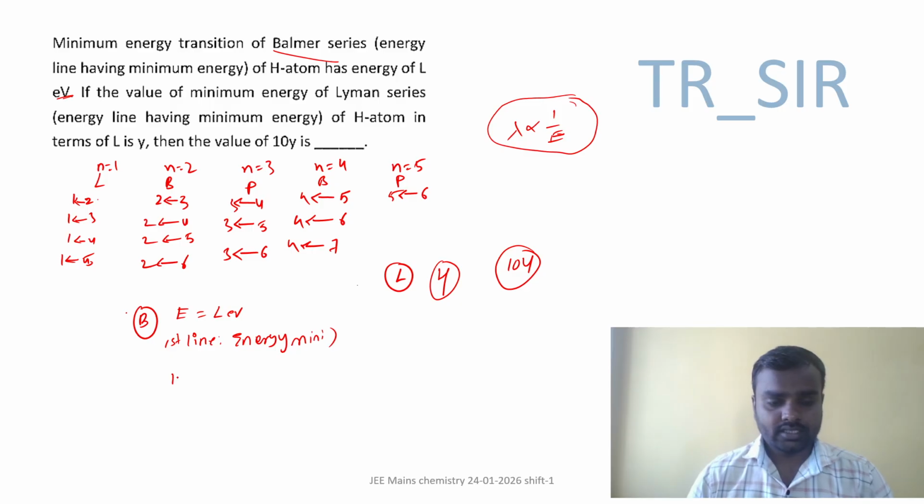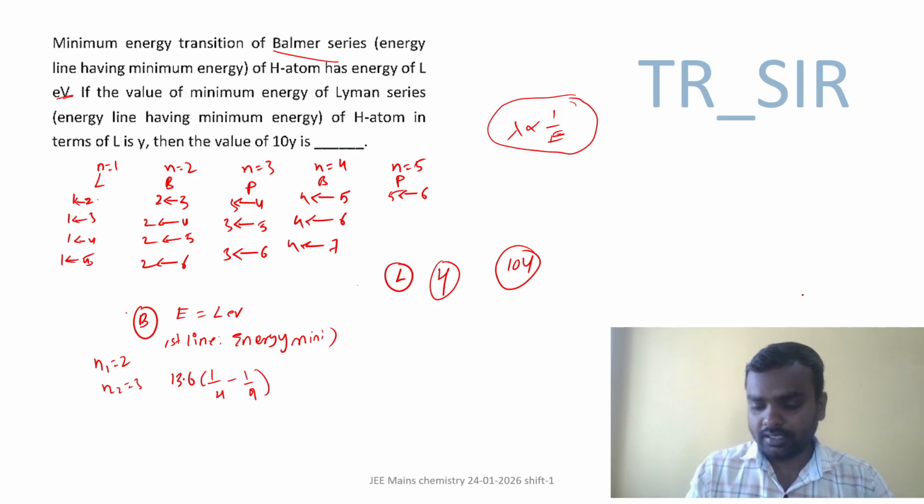So 13.6 R Z square. Z will be 1 for the hydrogen atom. The N value varies from N1 equals 2 to N2 equals 3, the first line of the Balmer series. So 1 by 4 minus 1 by 9.